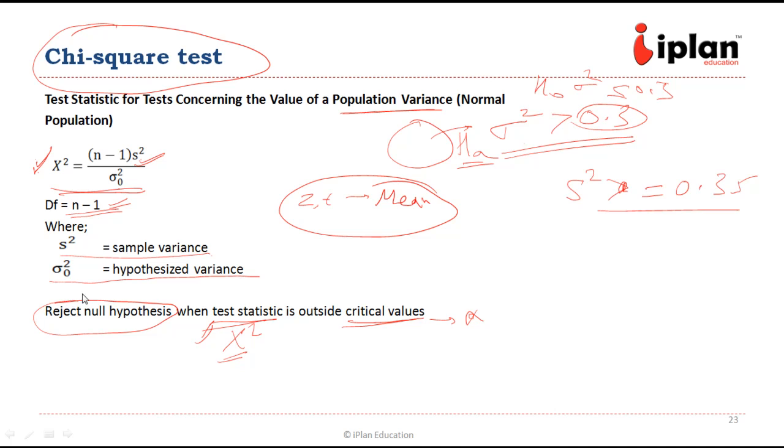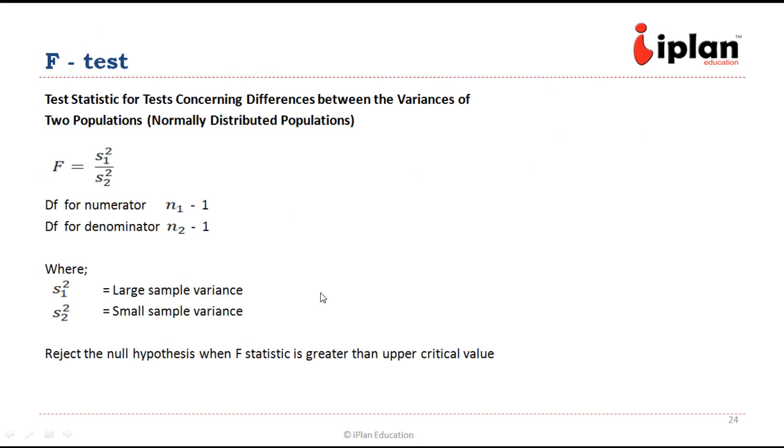Now let us take another case, which is a variant of the same case, where we have two populations instead of one, and we are making a comparison between the variance of the two.